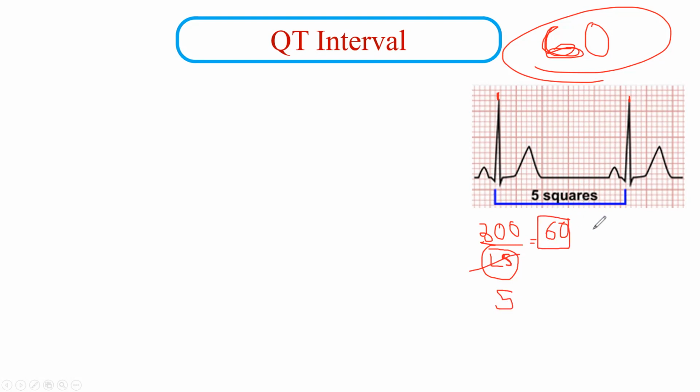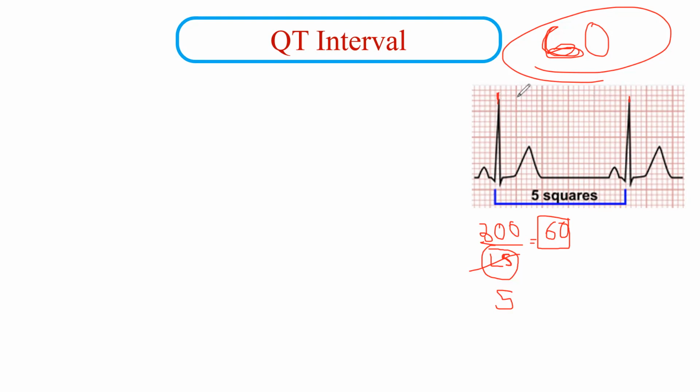So if I have a patient who is normal and has a heart rate of 60, right? We don't need corrections here because his heart rate is 60. There are 5 large squares between the 2 R waves. Okay, this is important. So from here to here, let's see.